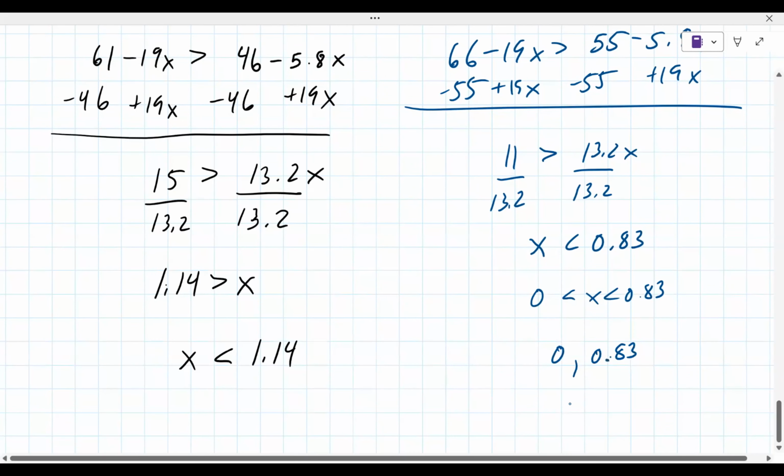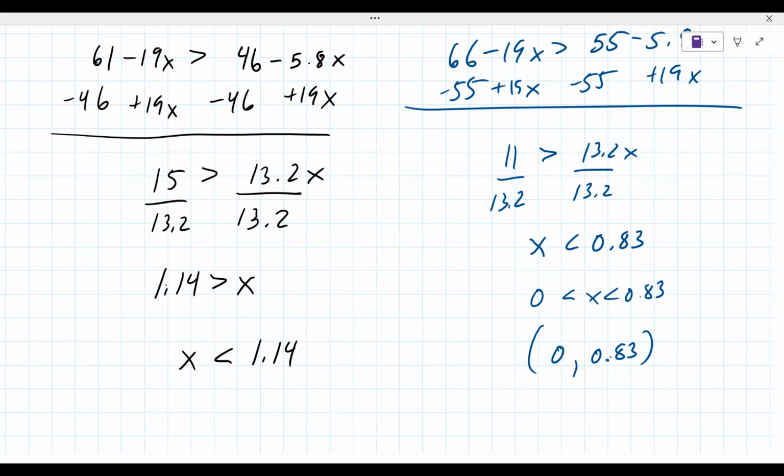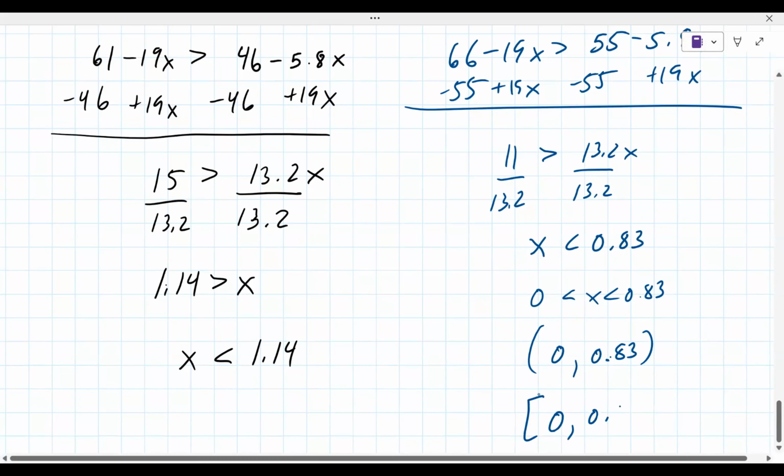Do any of these look possible as what you can enter? I don't know if 0 is included. Sometimes they want a bracket on that one point.